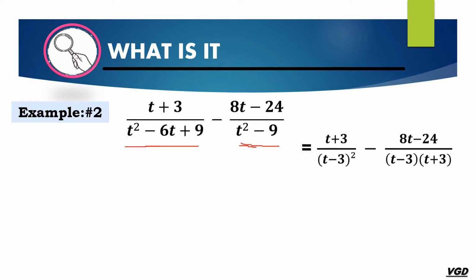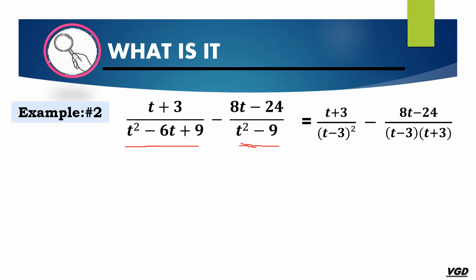So the new expression is t plus 3 over the quantity of t minus 3 squared minus 8t minus 24 over the quantity of t minus 3 times the quantity of t plus 3. Now we will be able to get the LCD of these denominators.